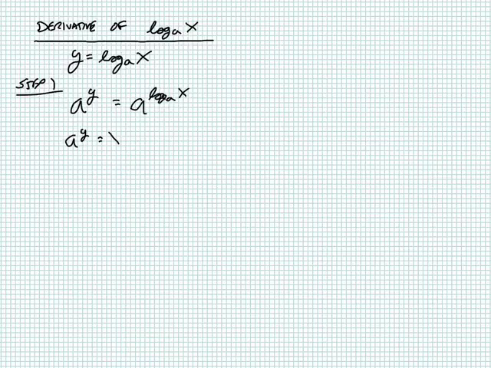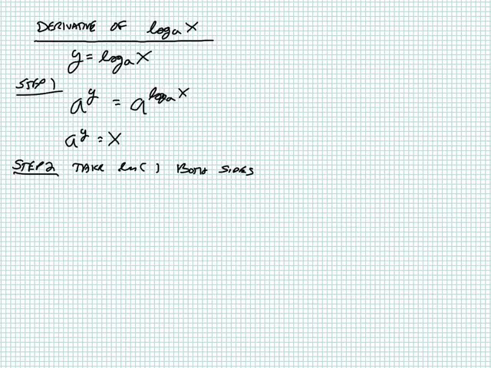so I get a to the y is equal to x. Now step two, and again this is from Algebra 2 or pre-calculus, is I'm going to take the natural log of both sides, because I want to get my x in terms of natural log, since I do know how to differentiate that.